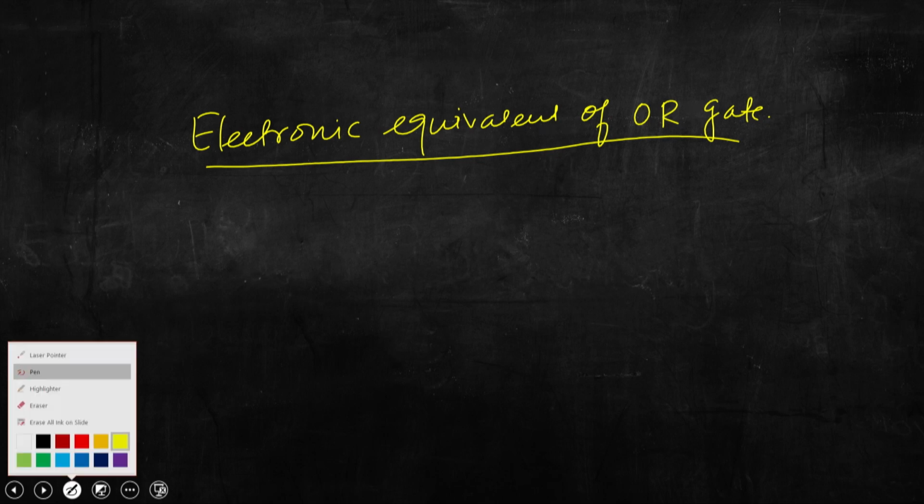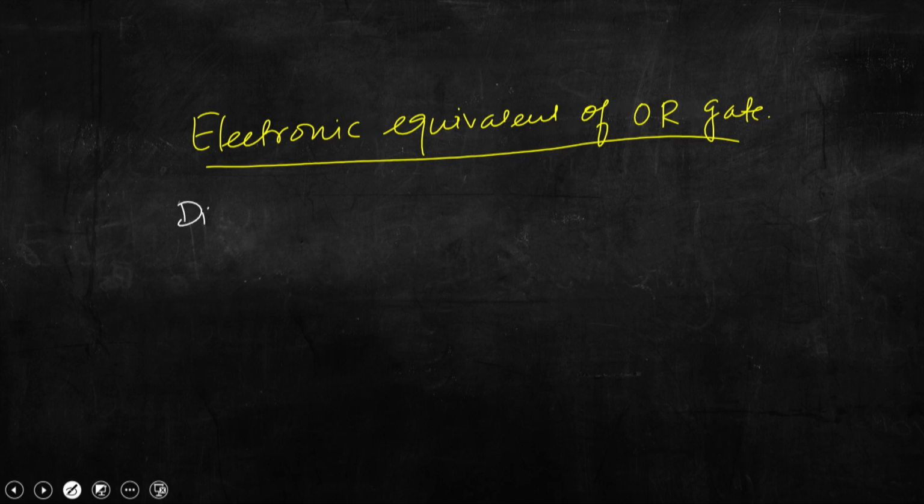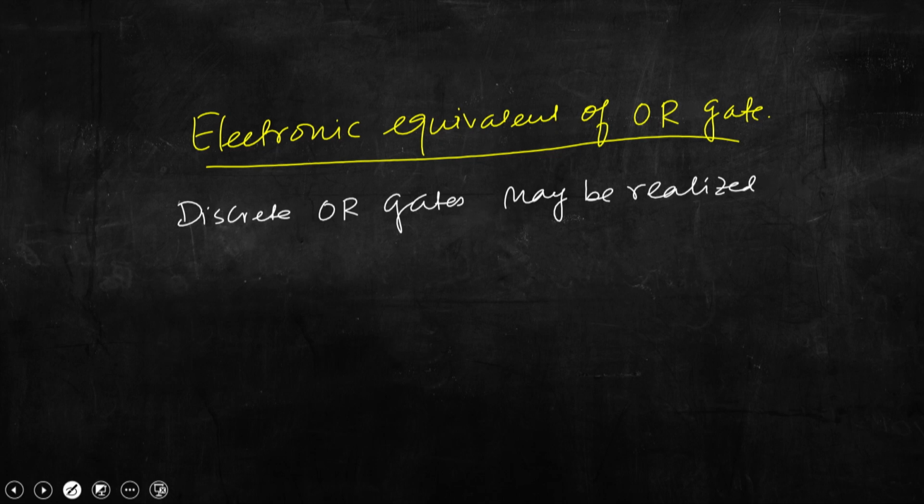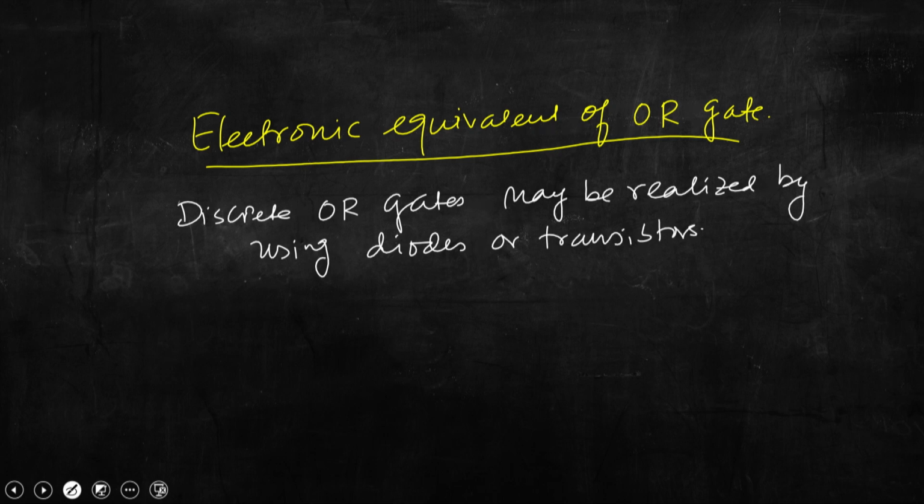Let me write a few points here first. Discrete OR gates may be realized by using diodes or transistors.